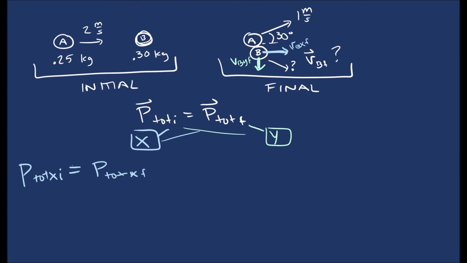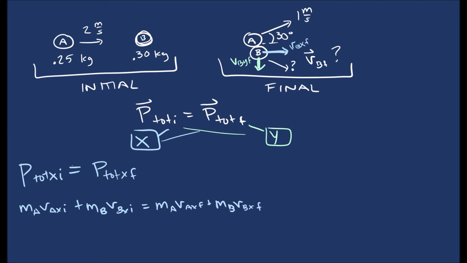What does that mean? Well, it means our mass of ball A times VAX initial plus mass of B times VBX initial equals mass A times VAX final plus mass of B times VBX final.